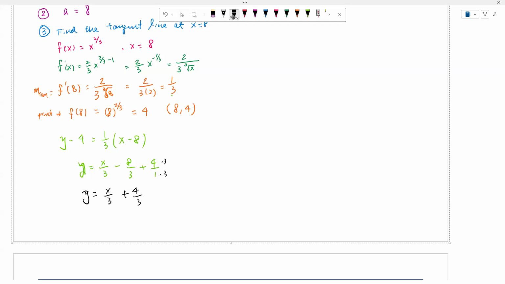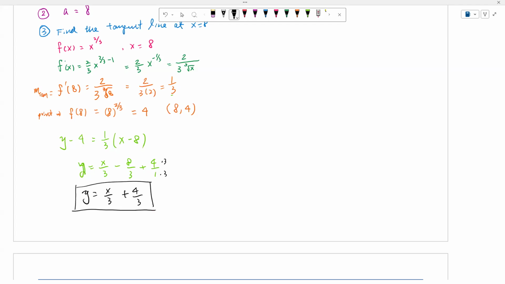Four times 3 is 12. 12 minus 8 is 4. So I have y equal to x/3 plus 4/3.